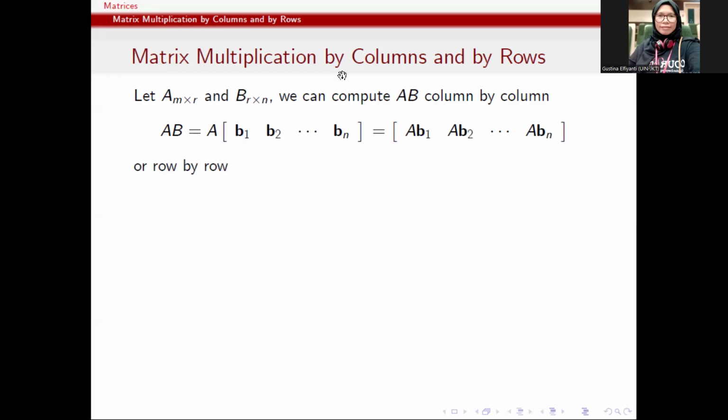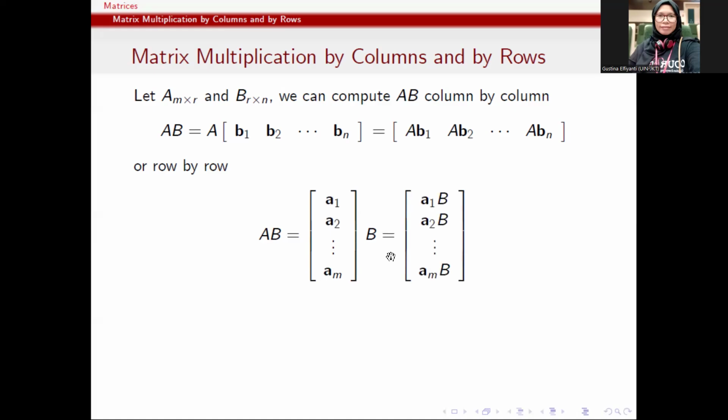Or we can also compute AB by row. So we can write A by its rows, and B, and the result is this matrix.